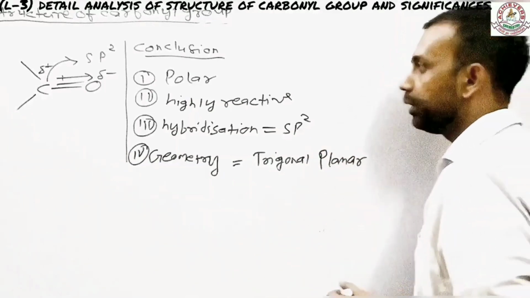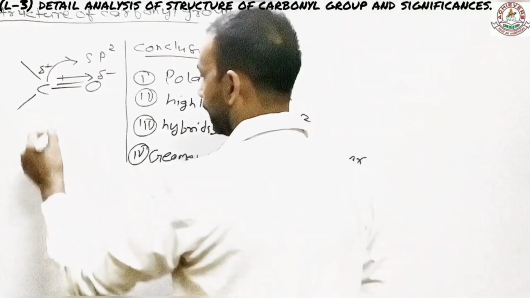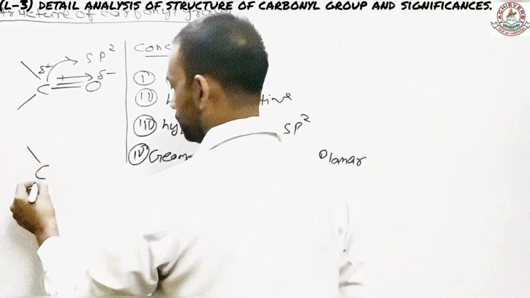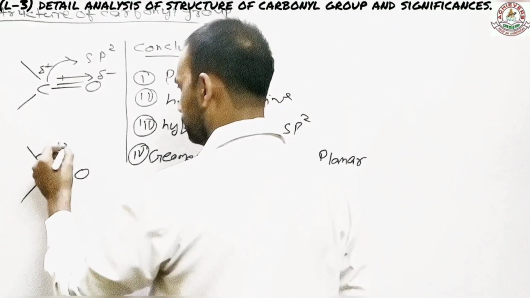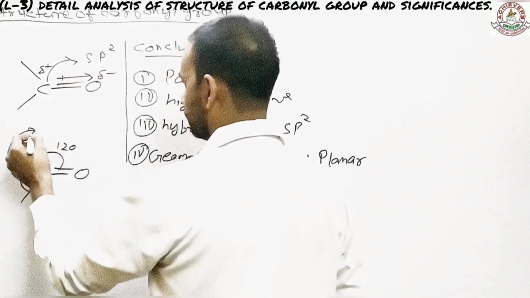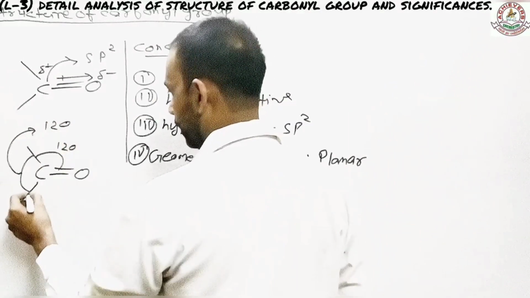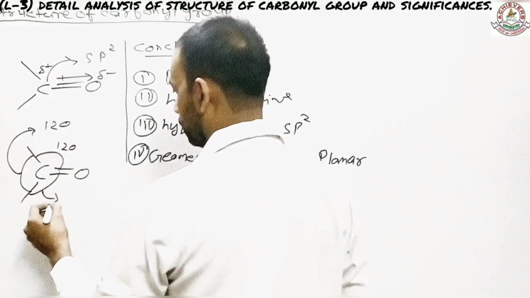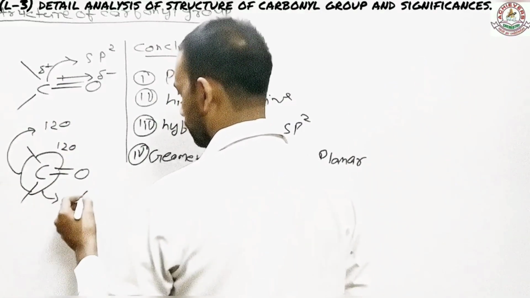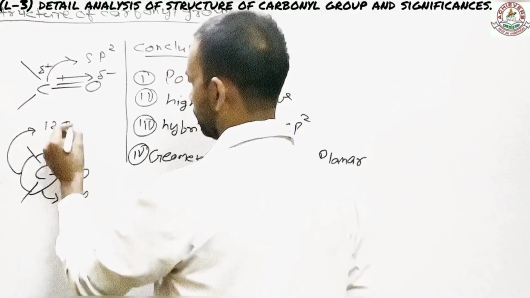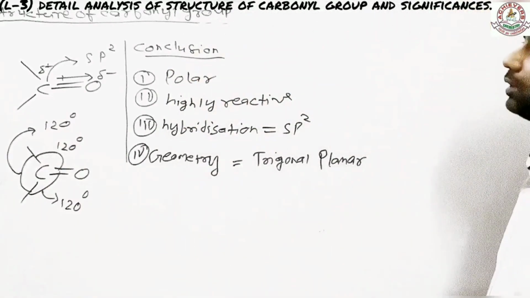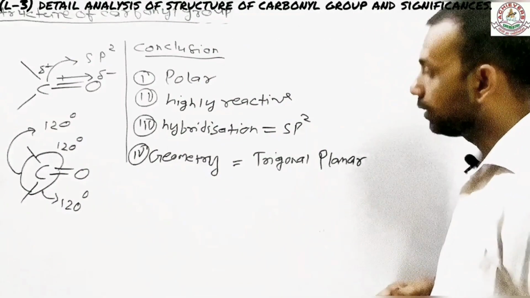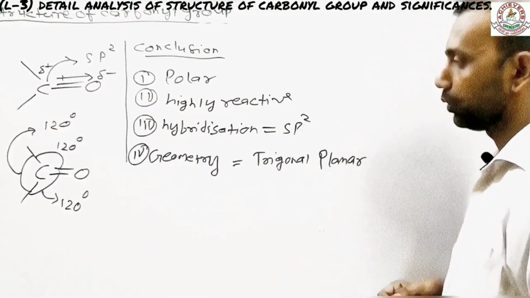What that means is that the bond angle around each, let me draw it again, is going to be 120. This is also 120, this is also 120, and similarly this one is also 120. 120 degrees, 120 degrees and 120 degrees. So these are some of the very important things about the carbonyl group structure and the conclusion based on that.